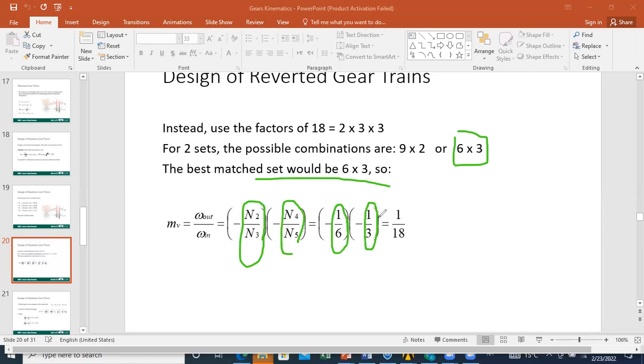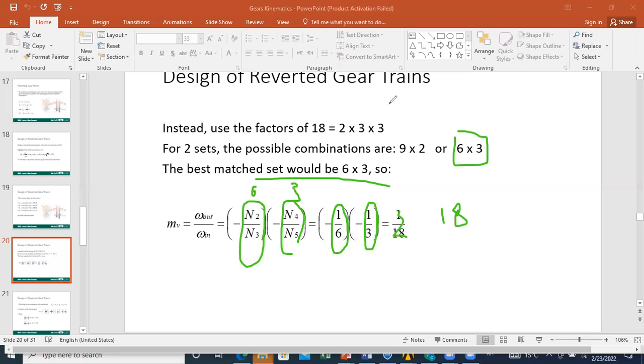Okay, we could also flip it to 1 over 18. Usually the design is based on the pinion being the input and the gear being the output, but you can reverse it. If you want, you can directly say I will work with 18, not with 1 over 18. It's the same. You will get the same numbers at the end. So here you can say that N2 over N3 should be 6 and N4 over N5 should be 3.